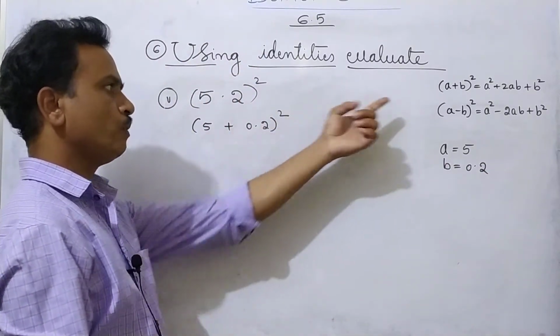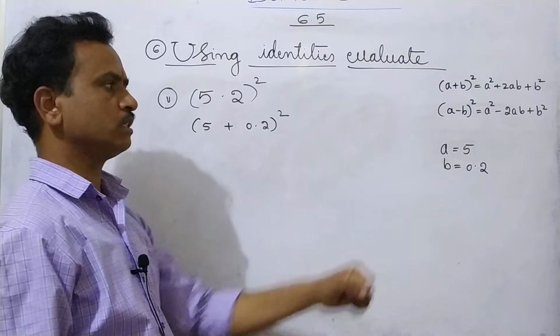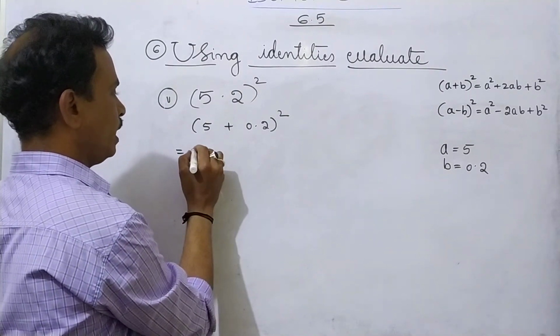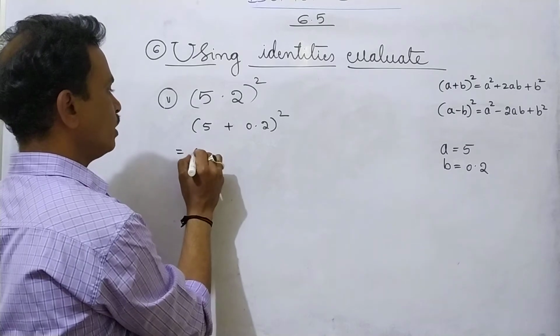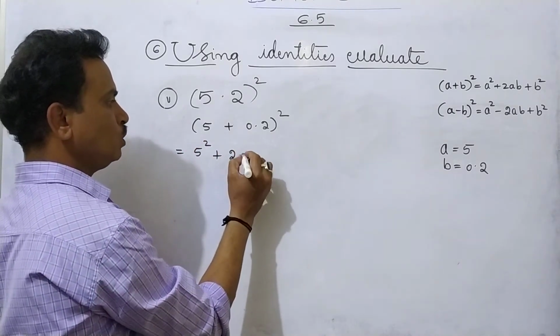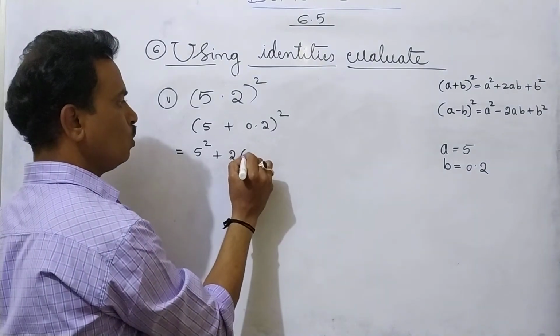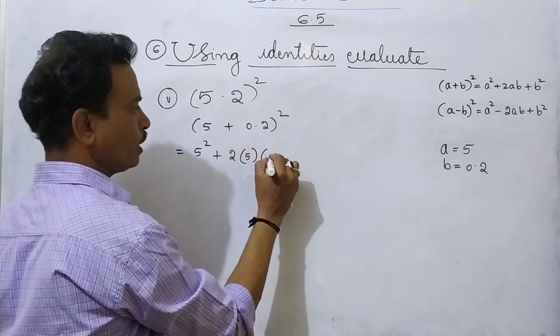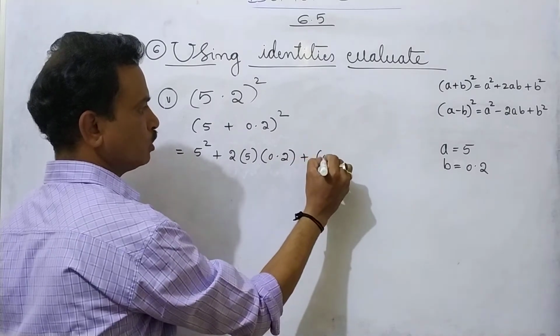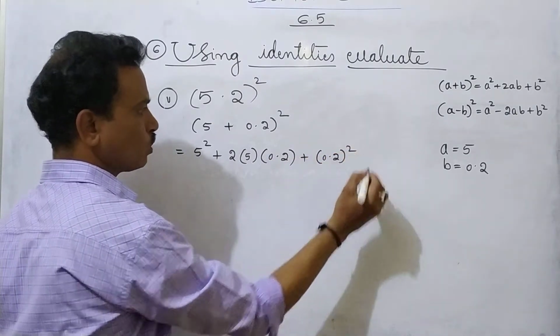Their first term is a square. So this can be written as a square, that means 5 square plus 2ab, 2 into a is 5, b is 0.2, then plus b square, 0.2 whole square.